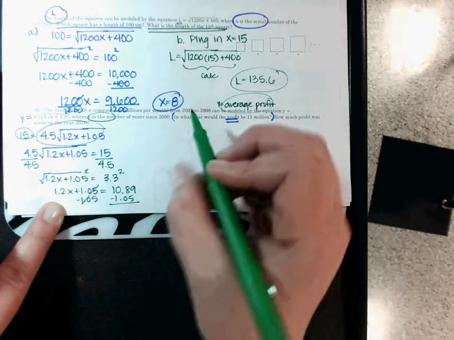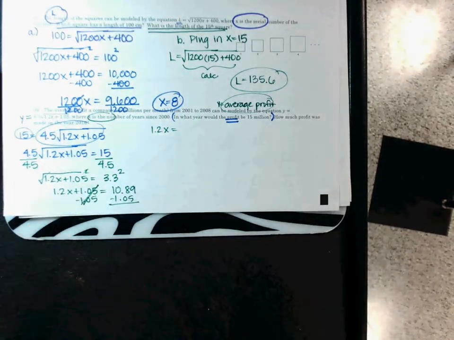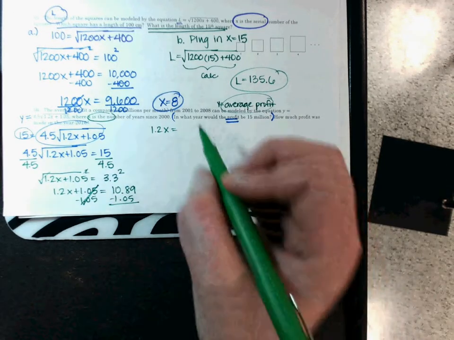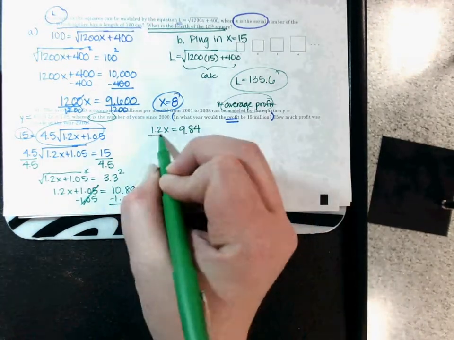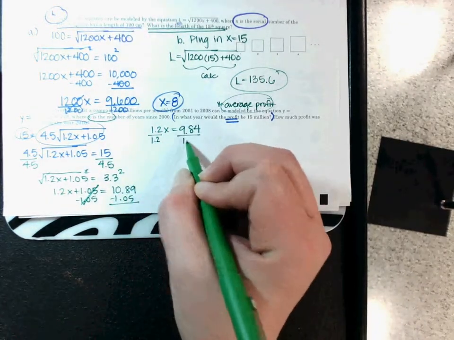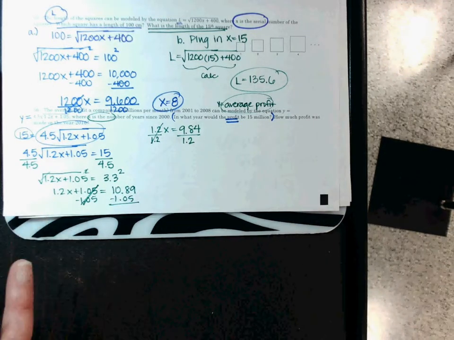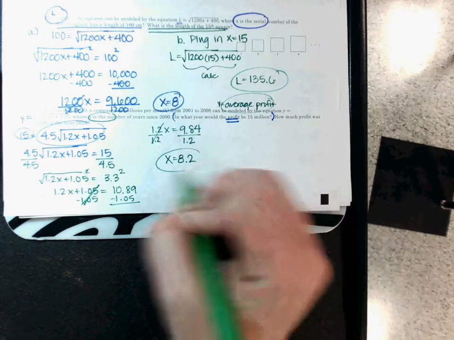So then I have 1.2x equals 10.89 minus 1.05, which gives me 9.84. And then last step, divide by 1.2. 9.84 divided by 1.2 gives me 8.2. And that'd be your answer.